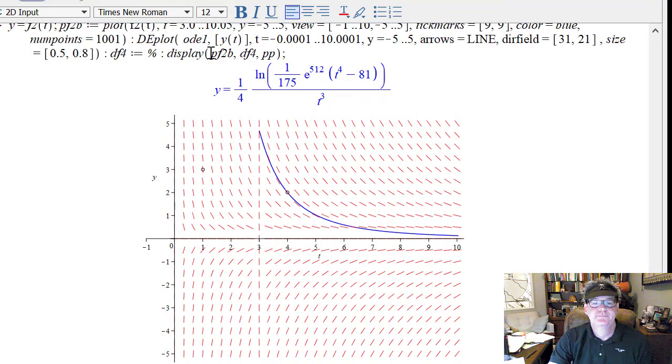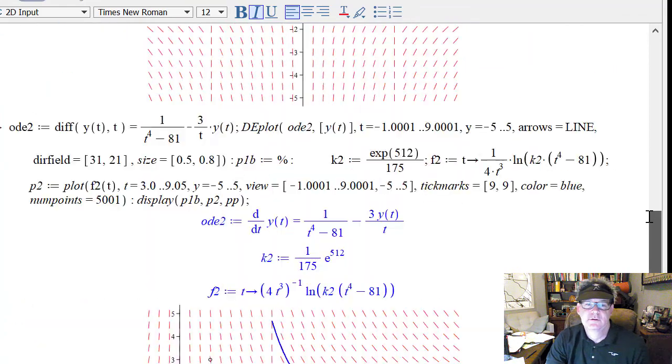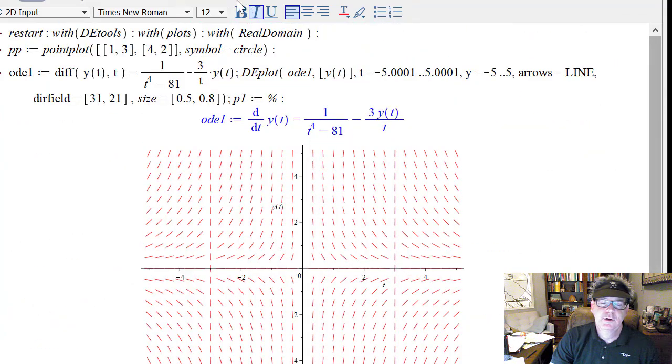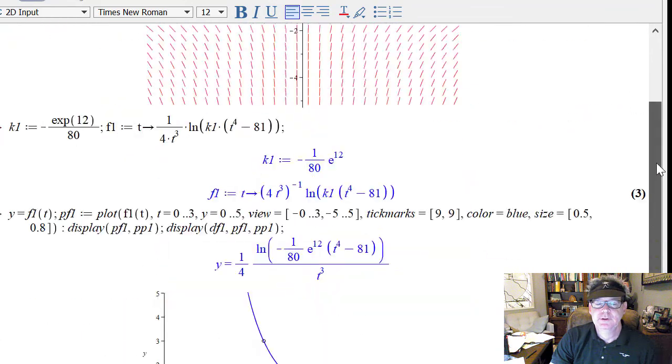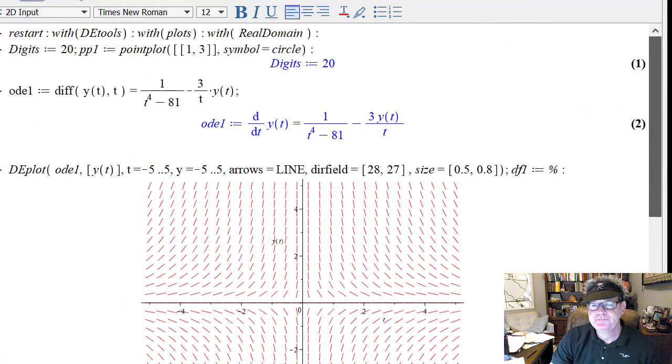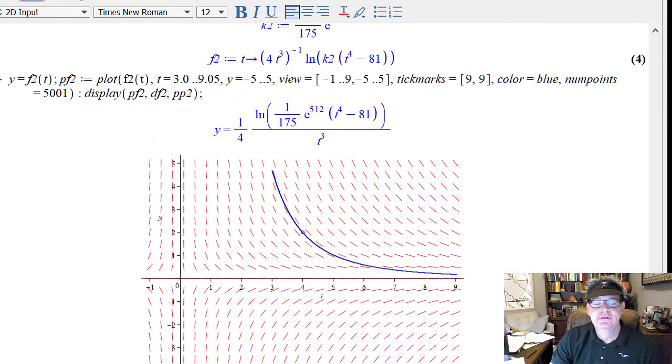Here we go. If we look at these curves here, you can see why the problem is. Technology doesn't exactly show it to us, so we have to have an understanding of what's going on.